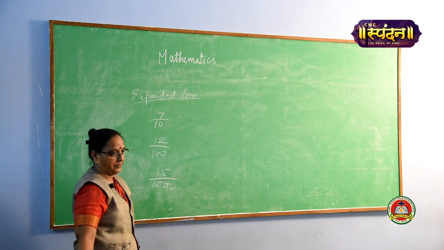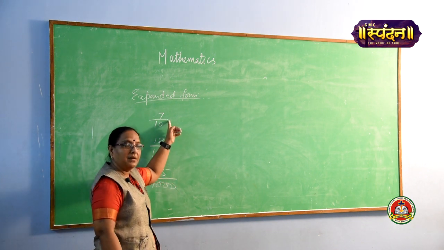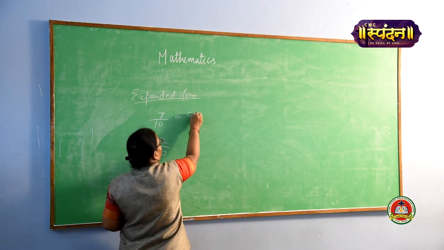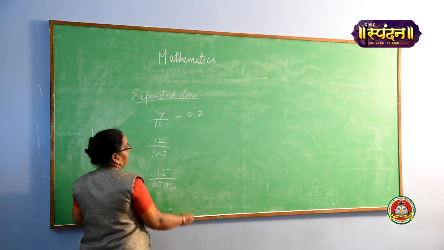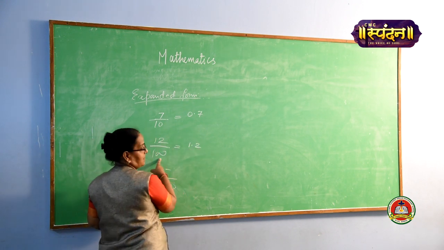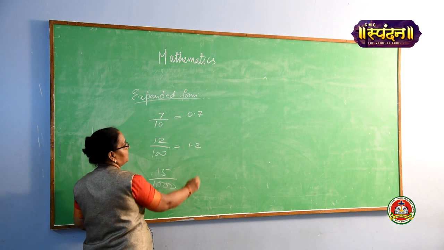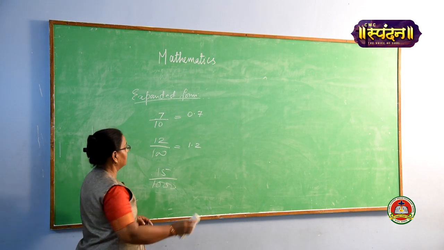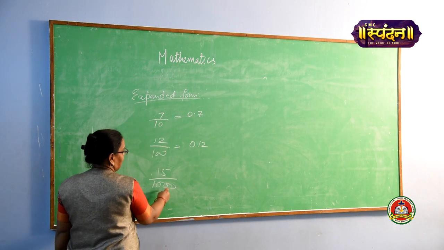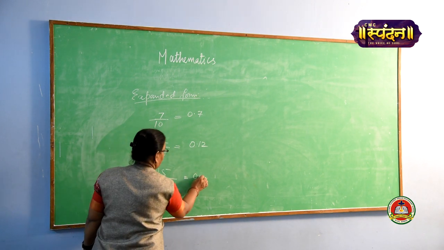Simple division: we have a single number with the 10, that means the place value you know very well, so we can write 0.7. This 12 divided by 100, we know the place value of this as the 100th place, so we will write 0.12, okay, and this as 0.015.